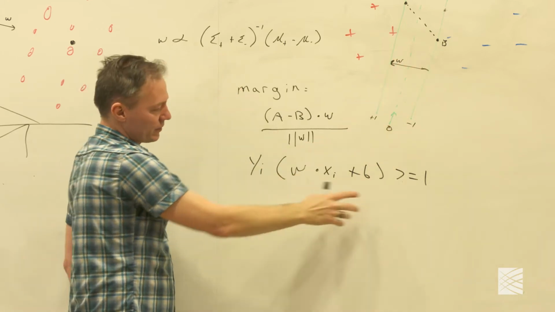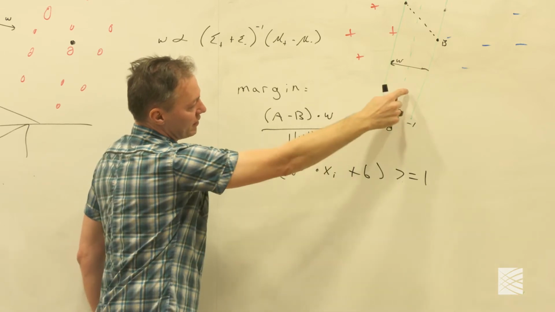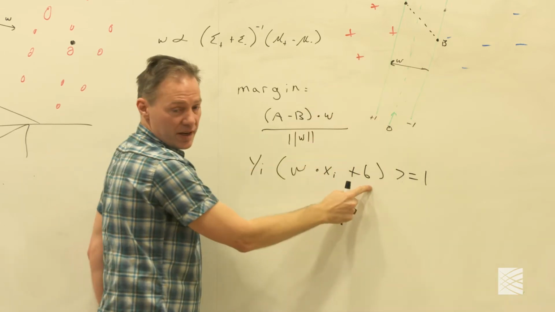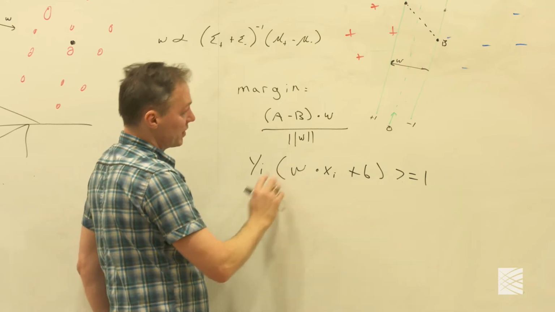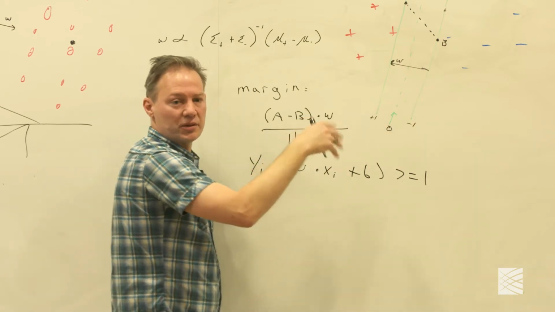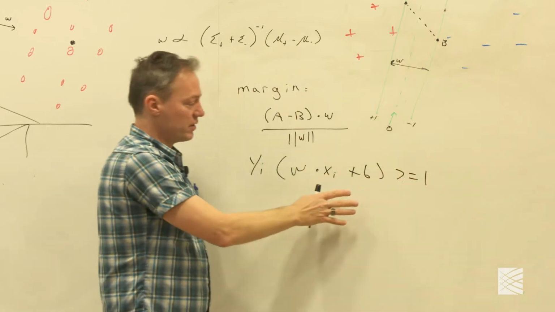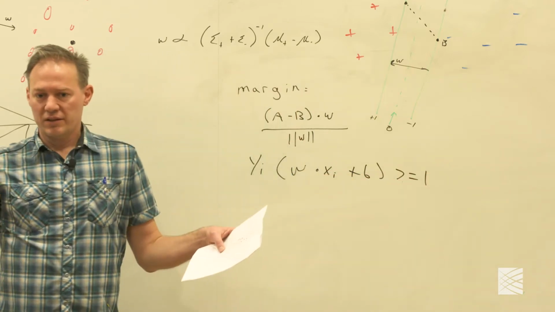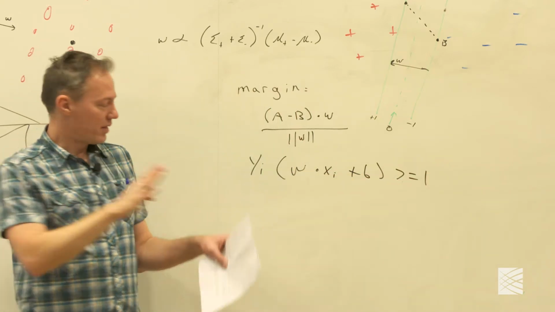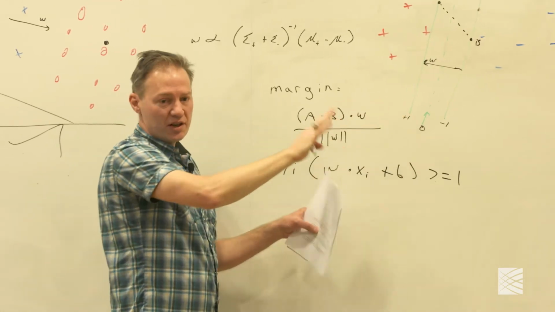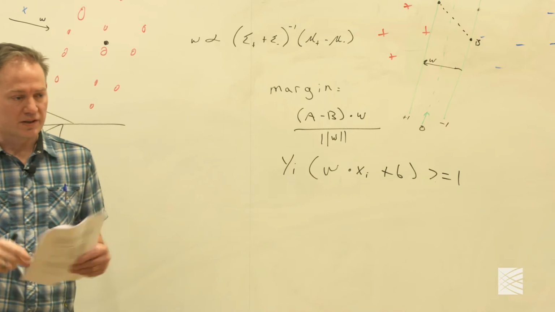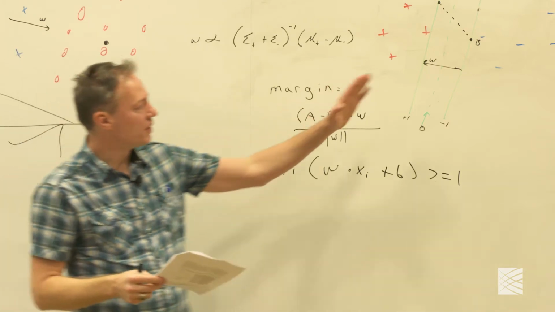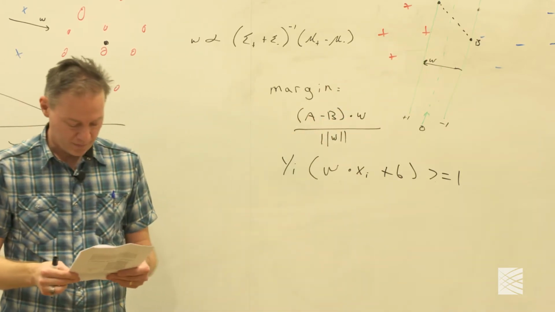Everything over here, when you take the dot product of the position plus some bias, is greater than 1. And if it's negative, we just flip this, so it's less than or equal to -1. Is this part clear? We're basically going to make the margin as large as possible given this. Okay, so we're just going to find how we need to orient W to make that happen.